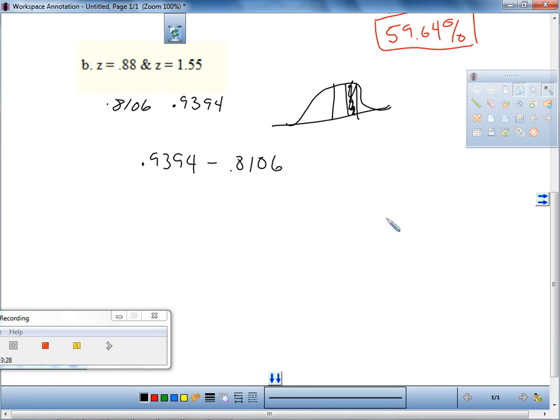Okay, and so we take the difference between those two, and we should end up with 0.1288. Again, that represents this area, or 12.88%. And again, these are the tabled values.